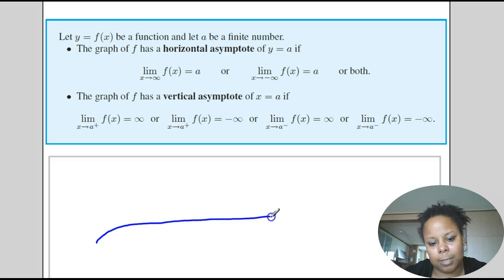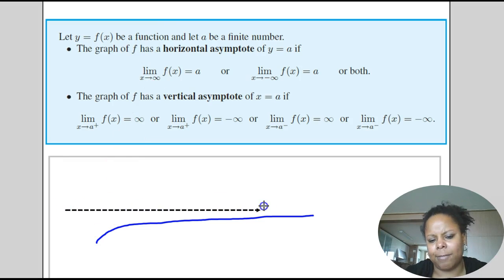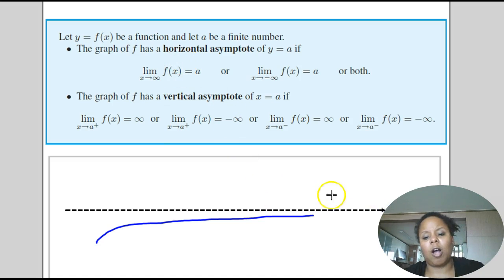But if the graph does something like this, then that means it has some type of horizontal asymptote at some A value, okay? Now, if the graph crosses this line, then this line can't be an asymptote, okay? So that's an example of a horizontal asymptote.